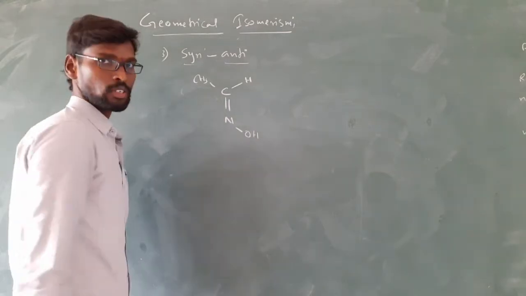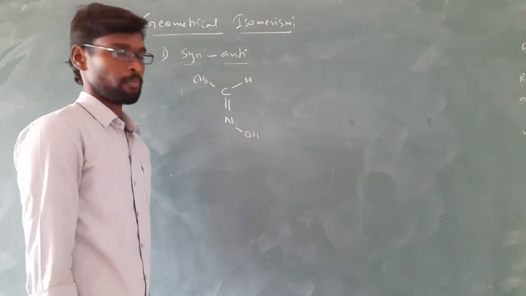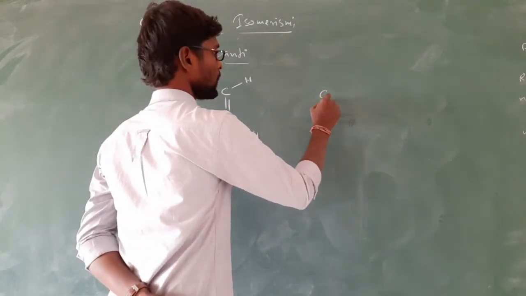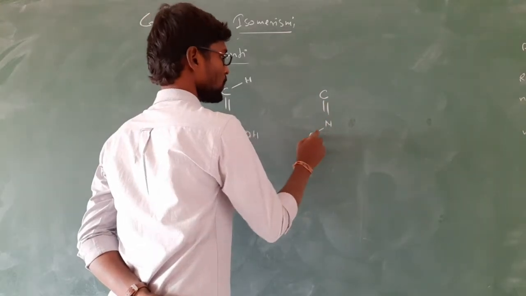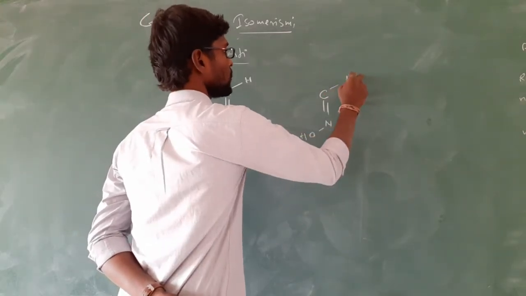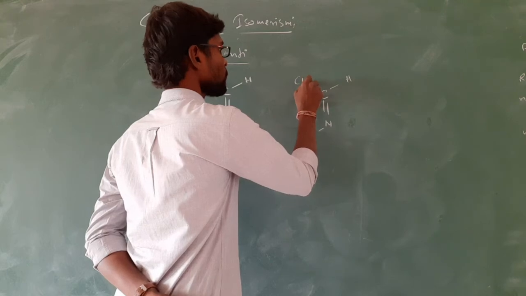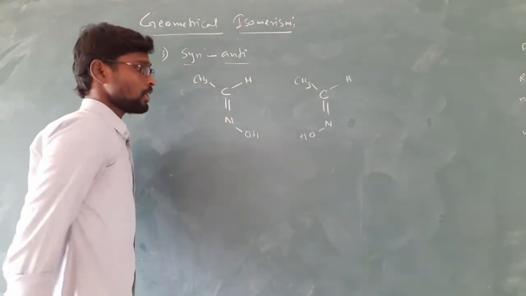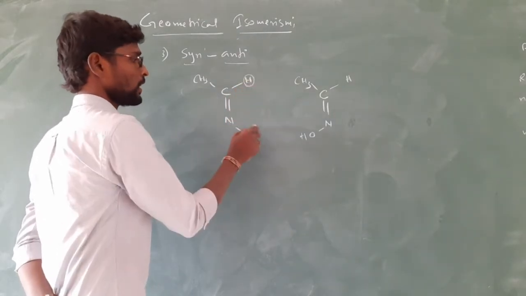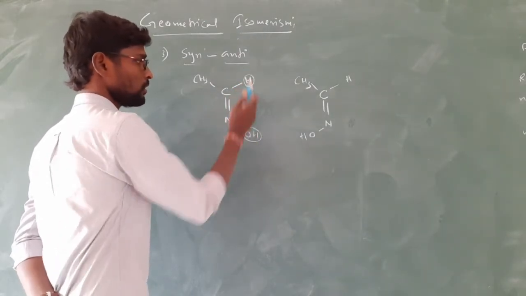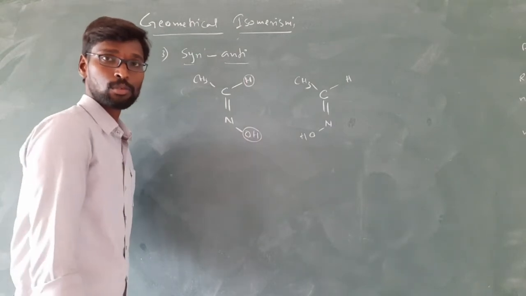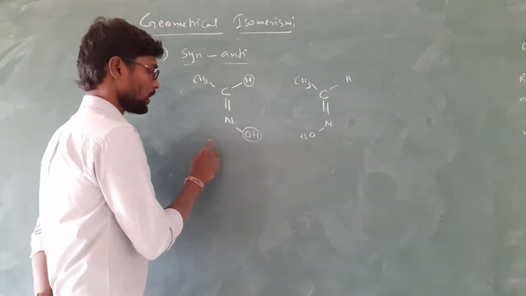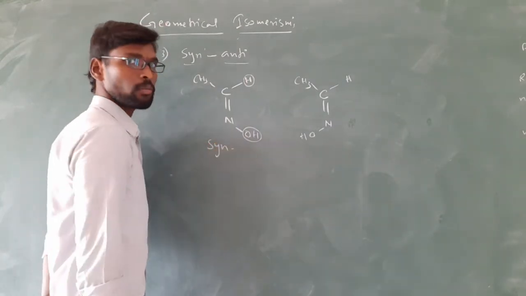This is called aldoxime. Now if I write one more time, N, here OH, here H, here CH3. This is aldoxime, and on this aldoxime, if OH and H are on the same side, this will give the syn molecule.